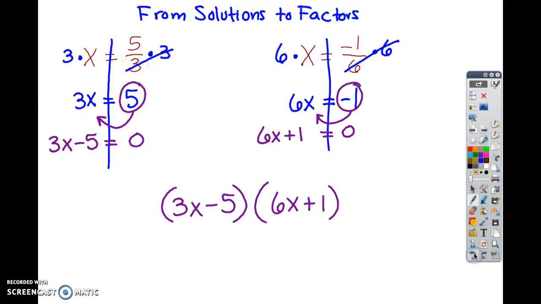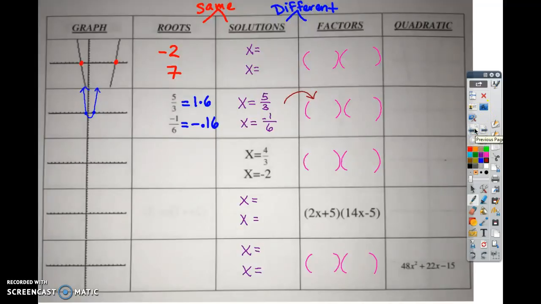So it's just working backwards. So you go ahead and write your factors on your sheet. And the factors are 3x minus 5 and 6x plus 1.